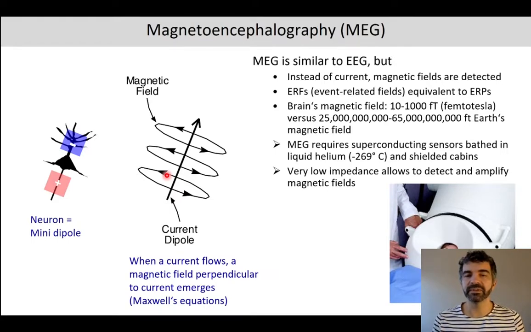And this is, of course, a lot of maintenance and costs that are involved here. Right, so in order to measure these magnetic fields, you need a very low impedance to amplify the magnetic fields and not any noise.